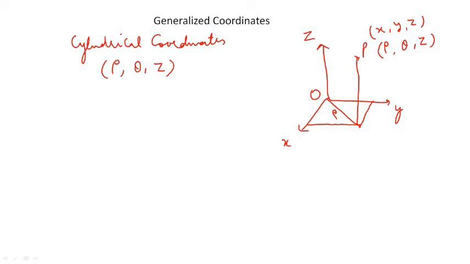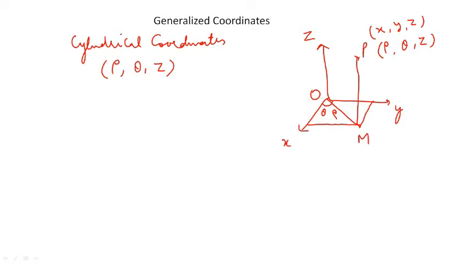Right? Here you also know that the rho distance is making an angle theta with the x-axis. Here theta is the angle also rotated about the z-axis, and let us say this point is M.